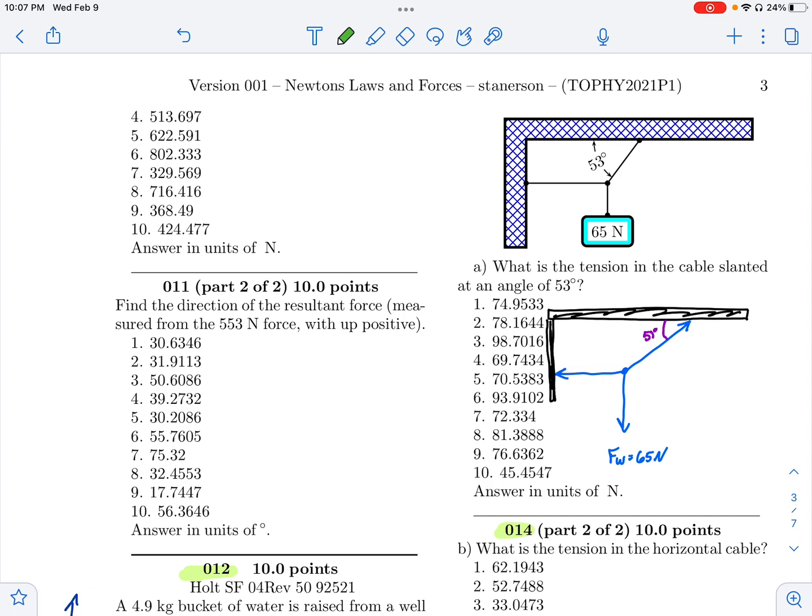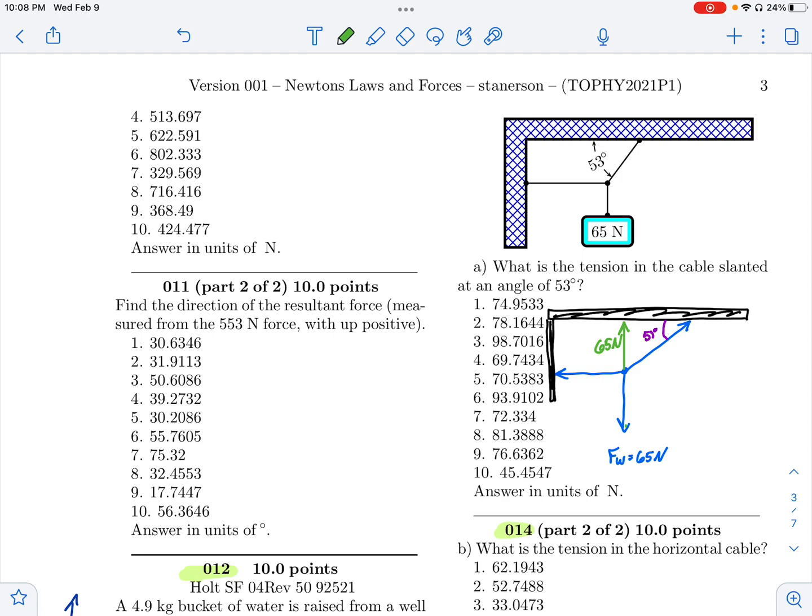So right away, one part of that right triangle is going to be a vertical piece right here. That is exactly equal to the downward piece in the vertical direction, the 65 newtons. I know that because it's stationary. All the forces are in balance, they're in equilibrium. So therefore, this has to be 65 newtons pointing straight up.